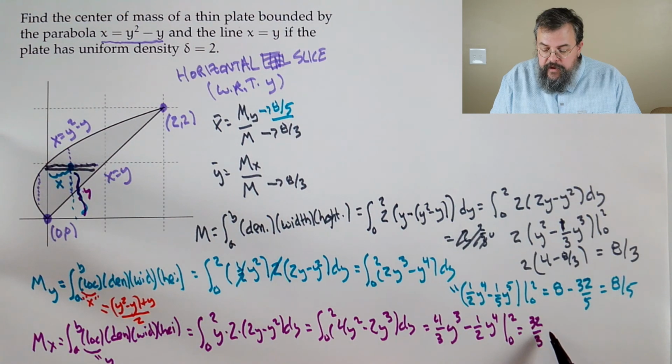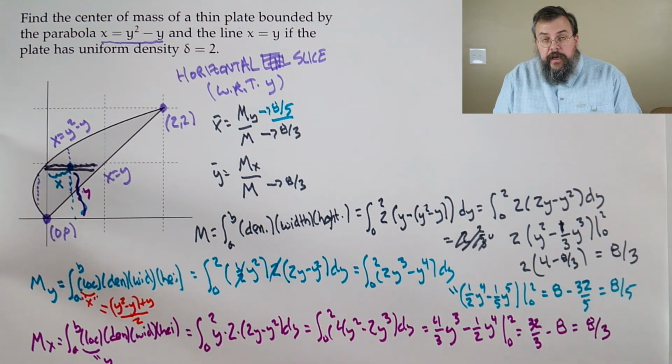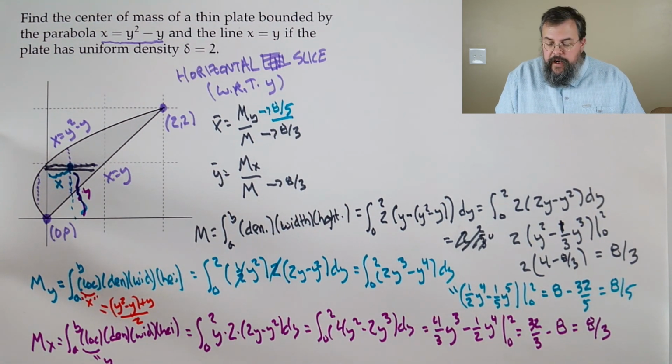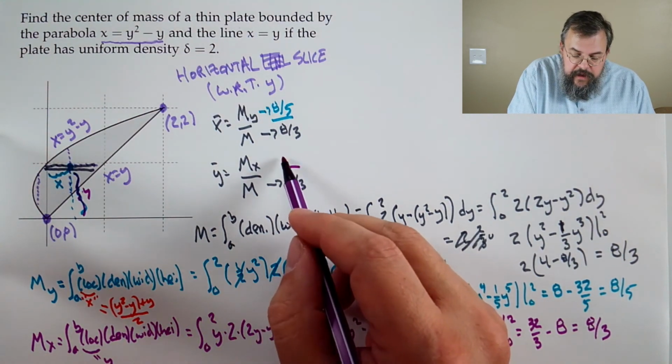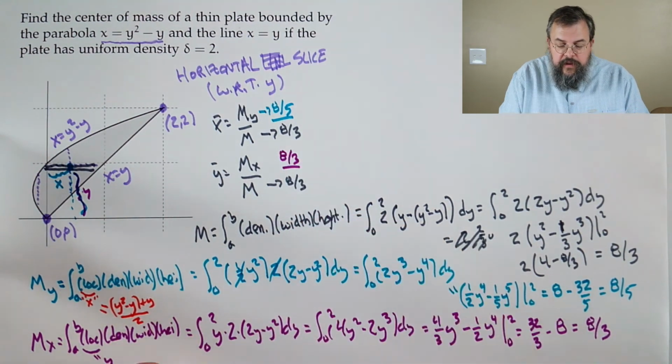Okay, so minus 8. Well, 32 over 3 minus 8, that's 24 over 3. So 32 thirds minus 24 thirds is 8 thirds. All right, so that's 8 thirds.